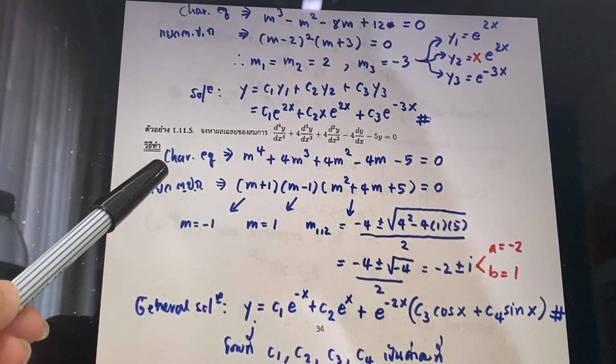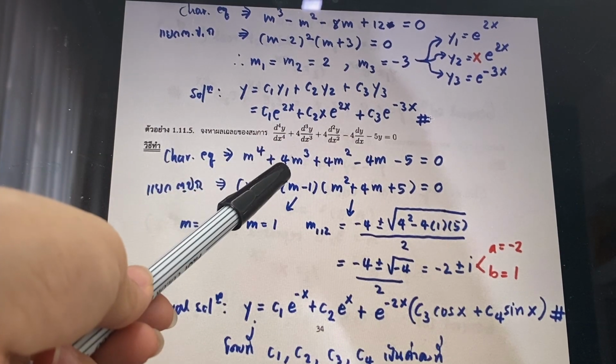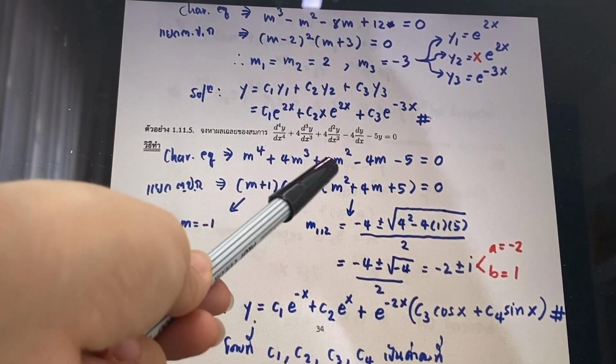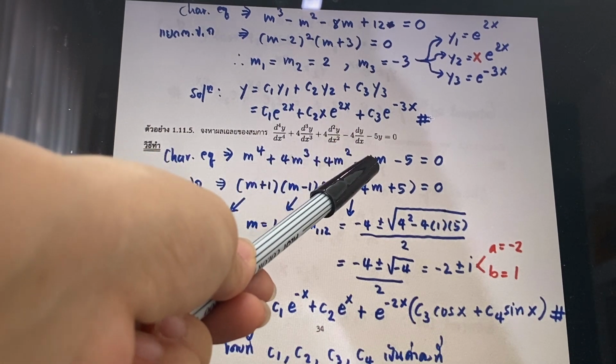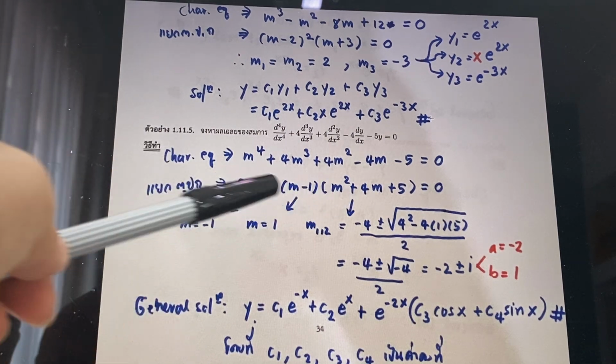What's the characteristic equation? It's m to the fourth plus 4m cubed plus 4m squared minus 4m minus 5 equal to 0. And again, we can use factoring.